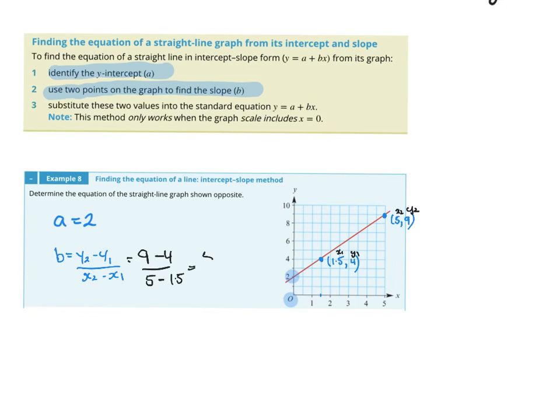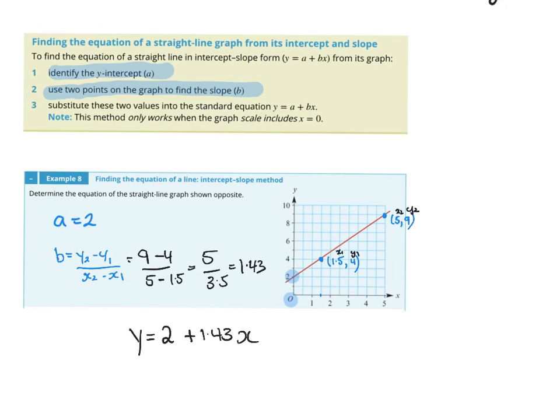So what do we get? We get 5 over 3.5. Just quickly do that on your calculator. It comes to 1.43, rounded. Now that you've got those two values, you can write the equation of this line: y equals 2 plus 1.43 times x.